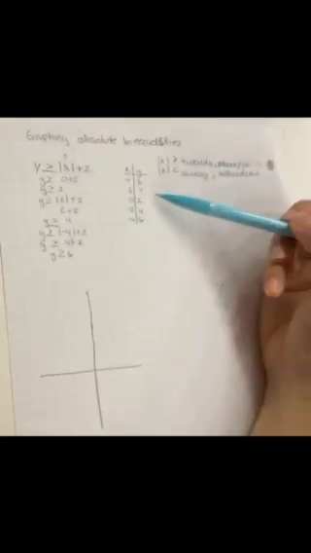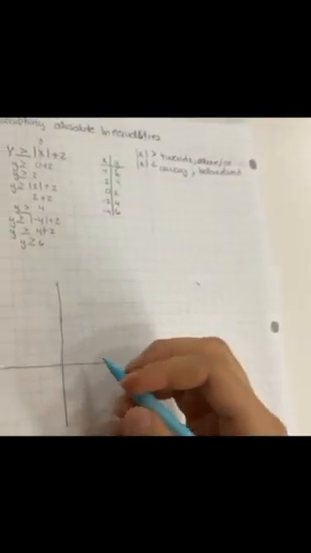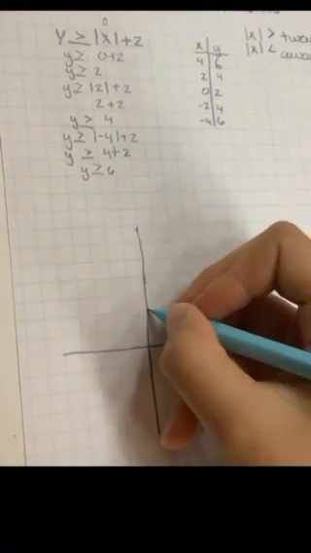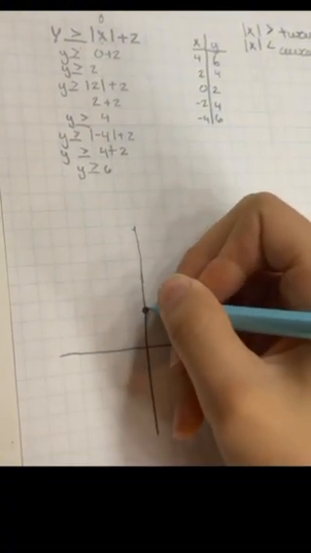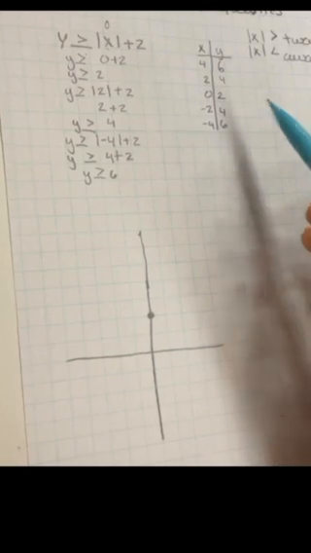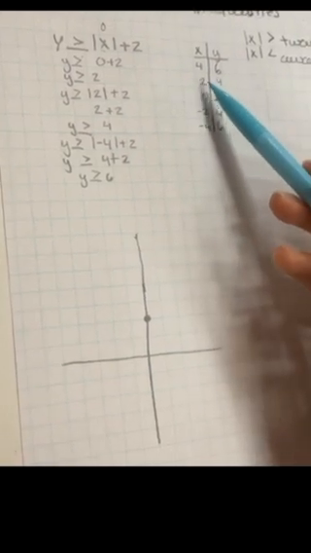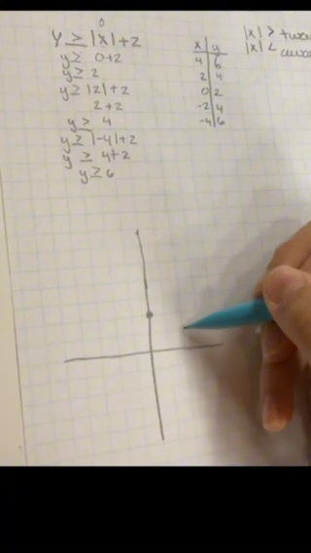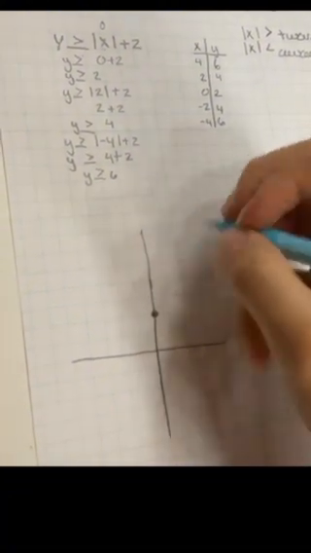Now, as said, we can use these to graph. We would go to the x and go up 2, and we'd plot a point there. Then we go to the next point, 2, so we'd go to the 2 and go up 4: 1, 2, 3, 4.